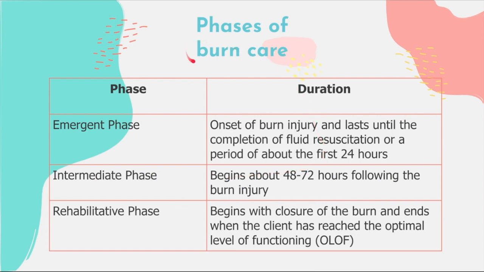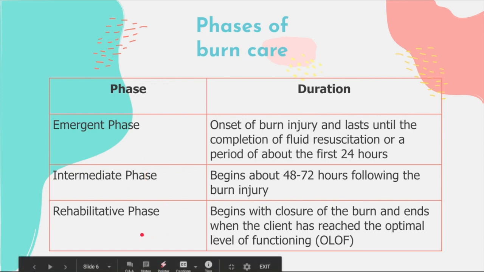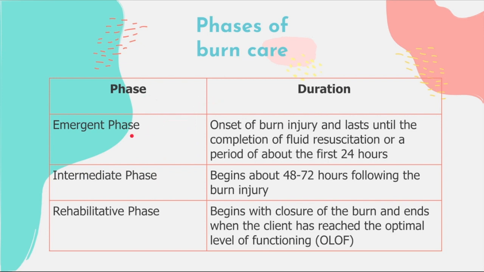Next will be the phases of burn care. There are 3 phases: the emergent phase, the intermediate phase, and the rehabilitative phase. The duration of the emergent phase will be the onset of burn injury and lasts until the completion of fluid resuscitation, or a period of about the first 24 hours since the occurrence of the burn.